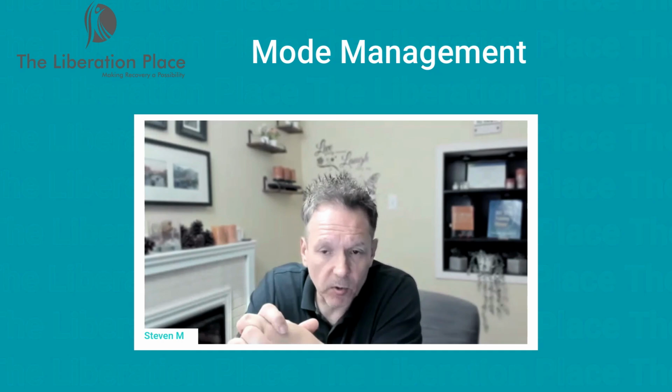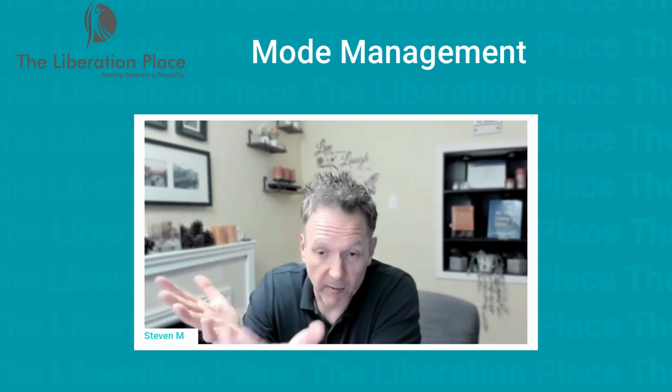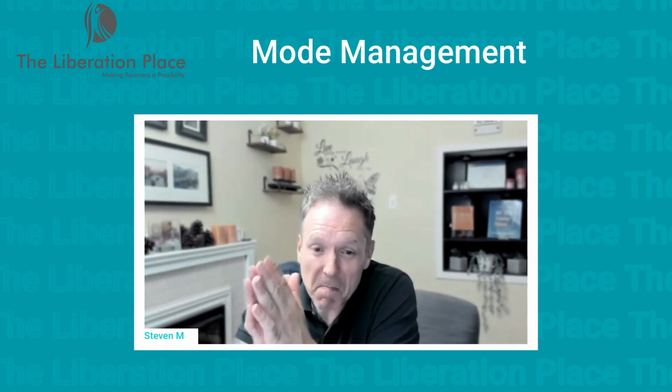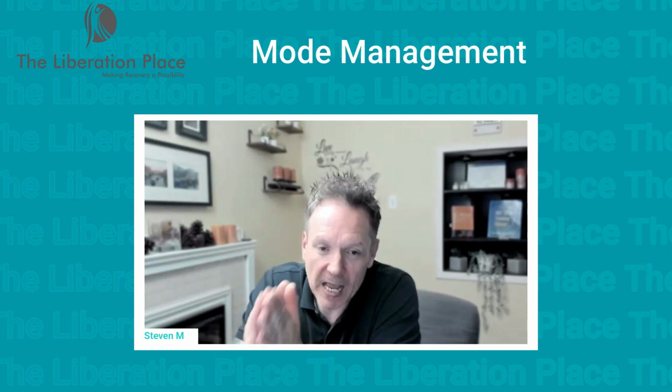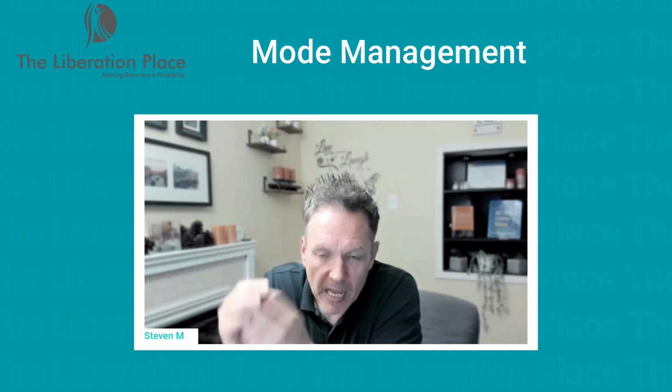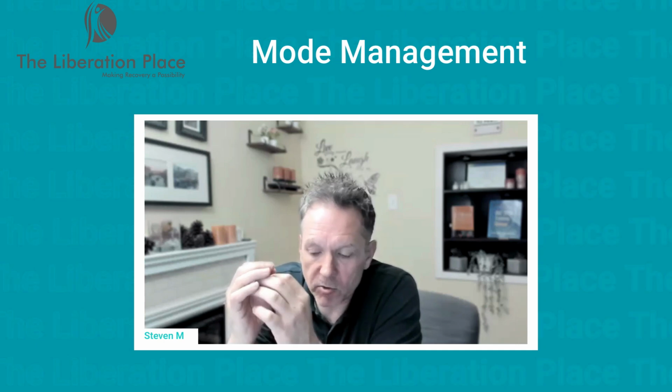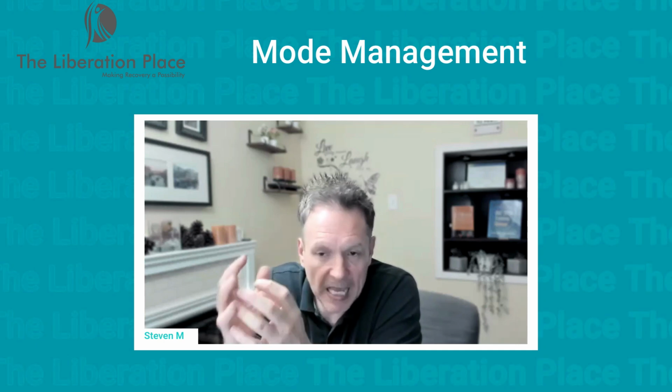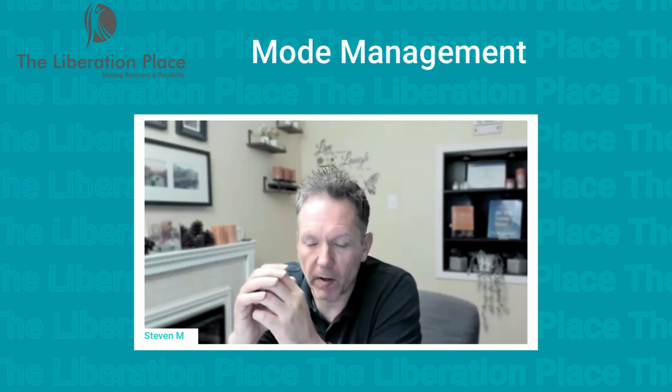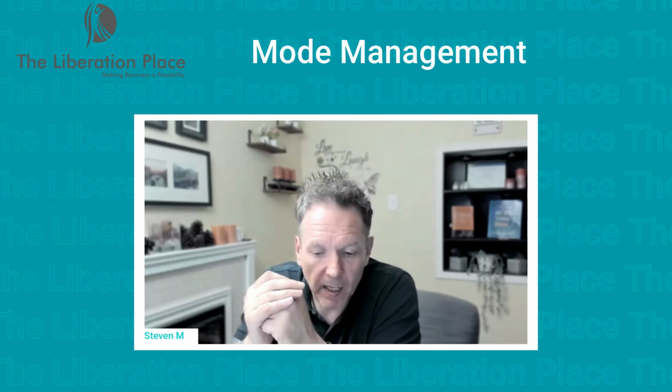Mode management is pretty self-explanatory. It's managing the modes of behavior that get activated in our system, so that the behavioral responses are not creating the chaos, the turmoil, the problematic outcomes that they were creating before.